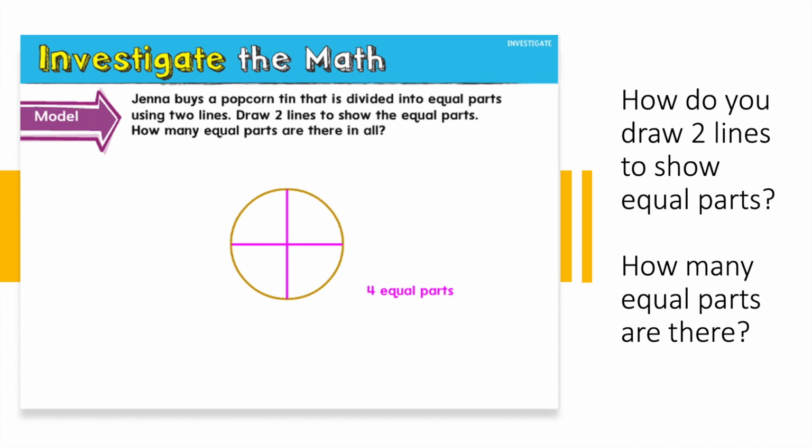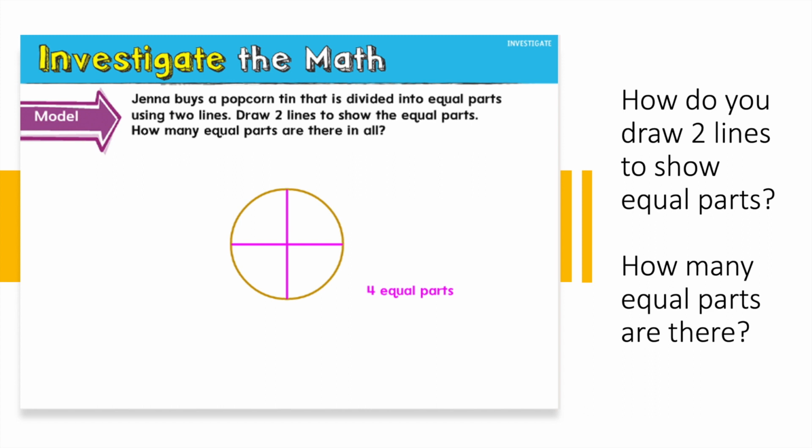Yes, we can cut it top to bottom and then left to right. How many equal parts are there? There are 4 equal parts. And what do we call those parts? Yes, they are called fourths or quarters.